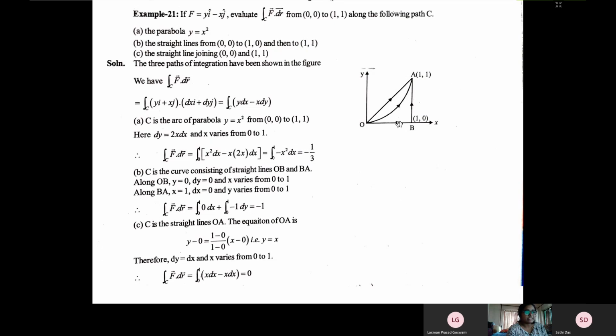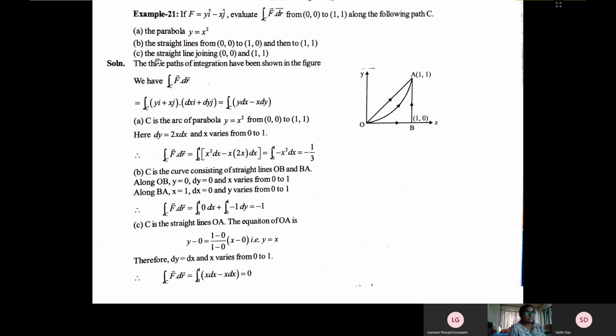Along the next path, 0 to 1, dx will be 0 and only dy survives, and the value of x is 1. So this is minus 1 into dy, which will give you the value minus 1. So you are dividing it into two parts: one is changing in x, and another is changing in y. For the change in x there is no dy value, and for the change in y there is no dx value.